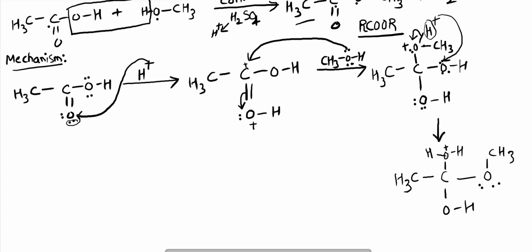If you observe this, oxygen has a positive charge with 3 bonds, which is not stable at all. So it attracts electrons from the carbon. When it attracts electrons from the carbon, it is removed as water, H2O, 2 hydrogens with 1 oxygen.